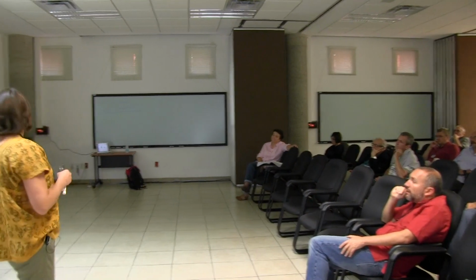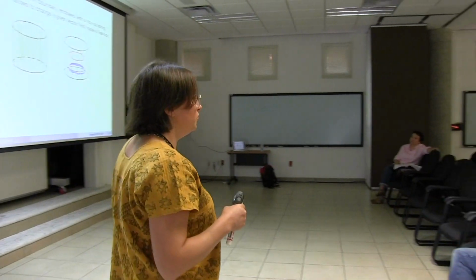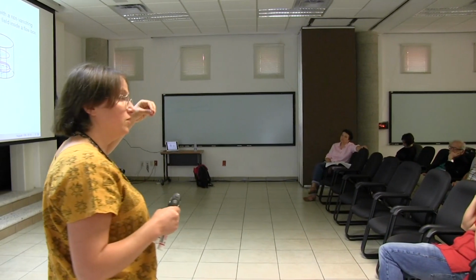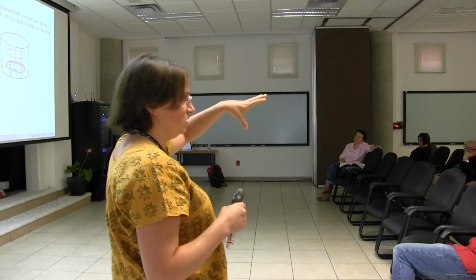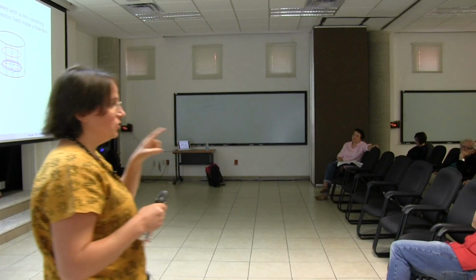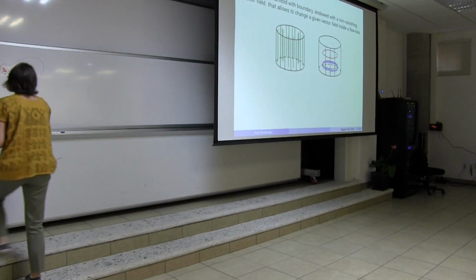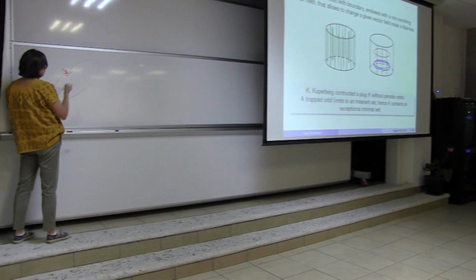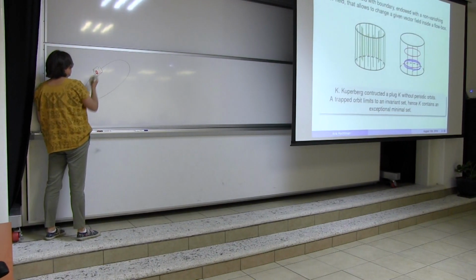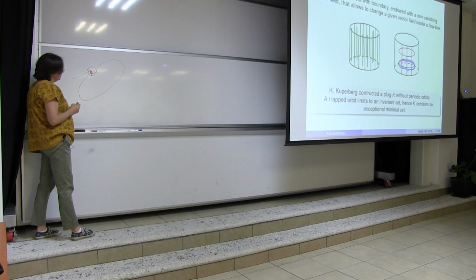And if you want to do that process and not create periodic orbits, you have to do two things. One is to ensure that there are no periodic orbits inside the plug. And one is that you're not creating new periodic orbits. It's by saying that if you have another point whose orbit arrives here, okay, so it comes from somewhere, it arrives here.